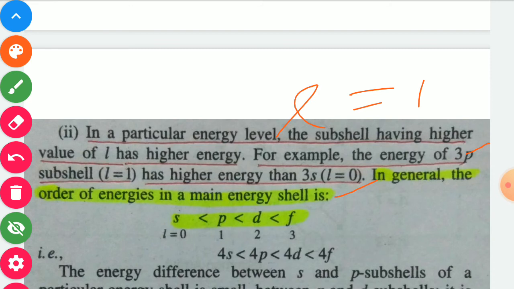Corresponding L values: the s subcell has L equal to 0, p has L equal to 1, d has L equal to 2, and f has L equal to 3. If we take principal quantum number 4, the fourth cell, then the energy of 4s is less than 4p, 4p is less than 4d, and 4d is less than 4f.